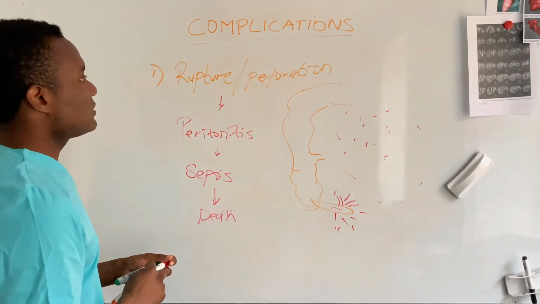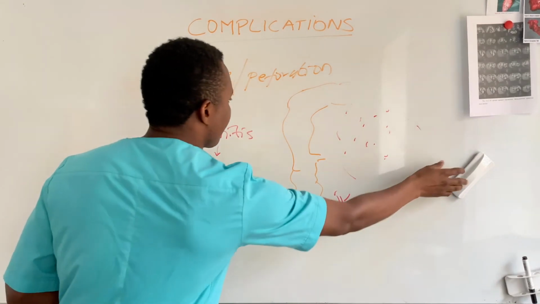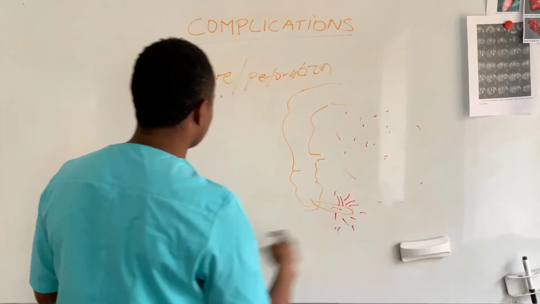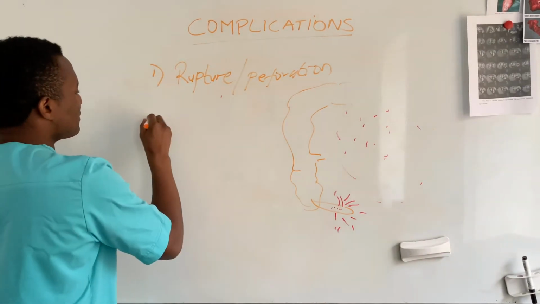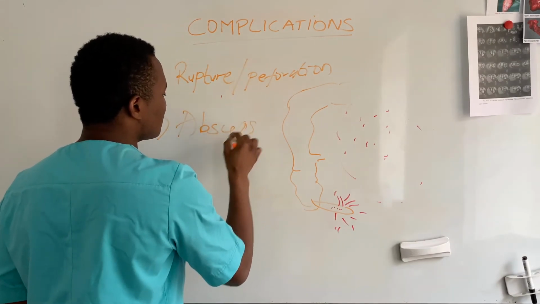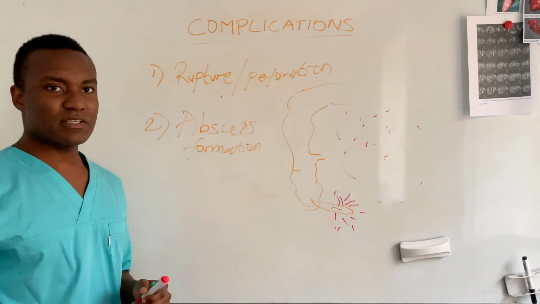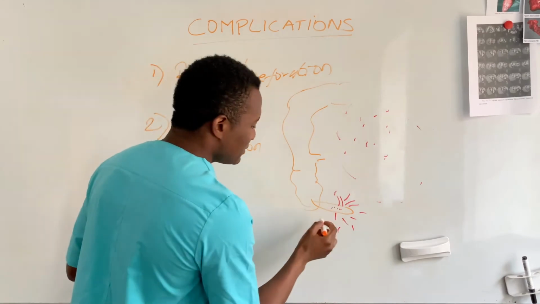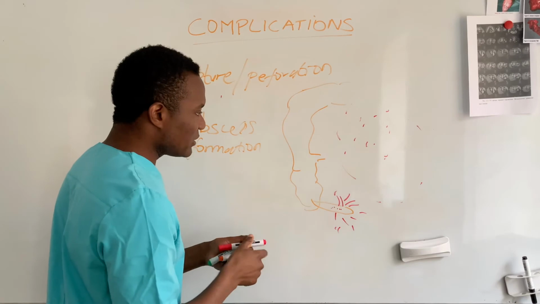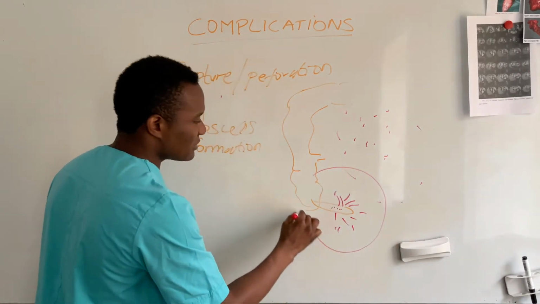The second complication that you have to watch out for is abscess formation. What happens is that the inflammatory process may lead to the walling off of the appendix.